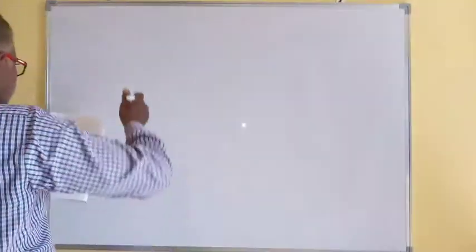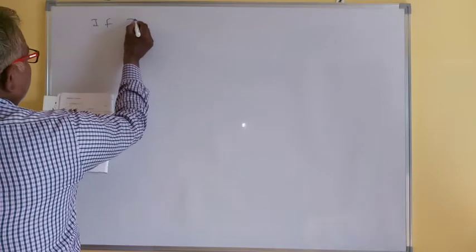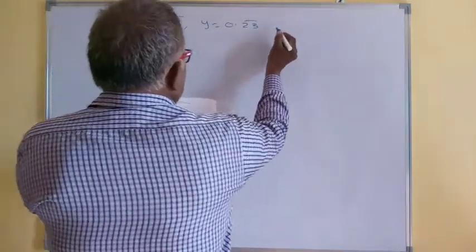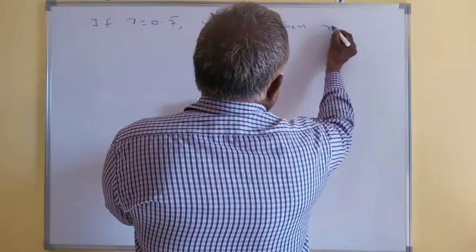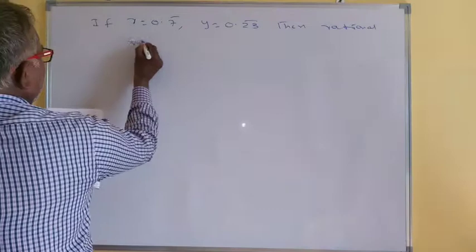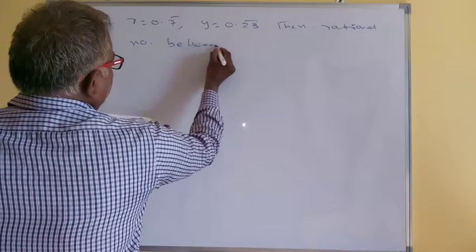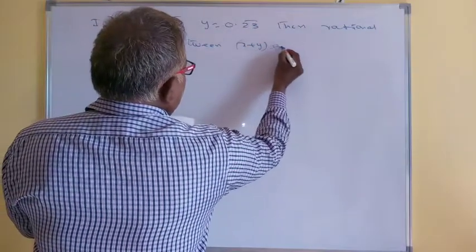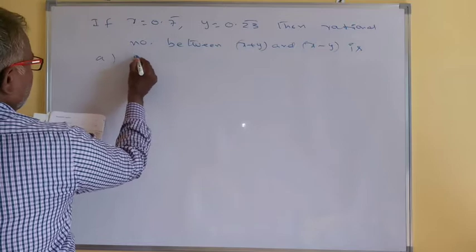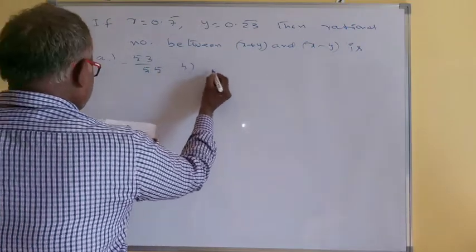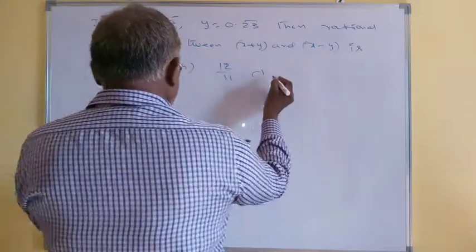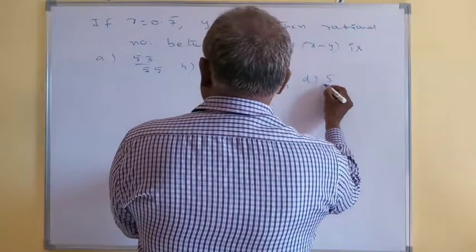Now one more problem. If x is equal to 0.7 bar, y is equal to 0.23 bar, then the rational number between x plus y and x minus y is: option A 53 by 55, option B 12 by 11, option C 4 by 11, option D 5 by 11.